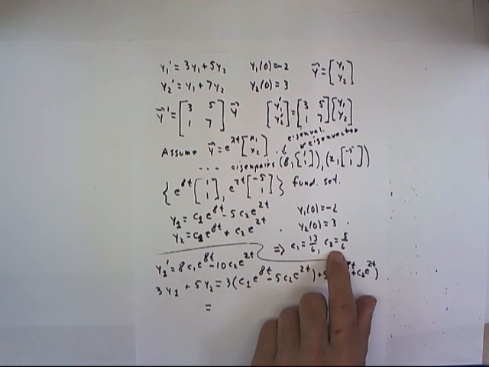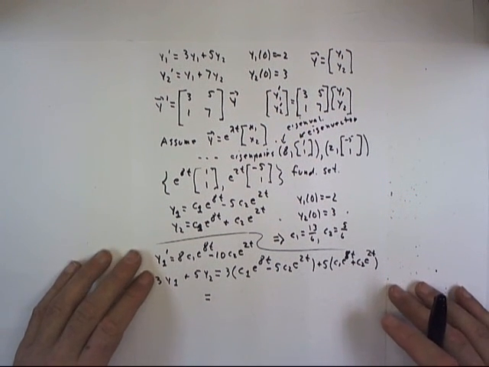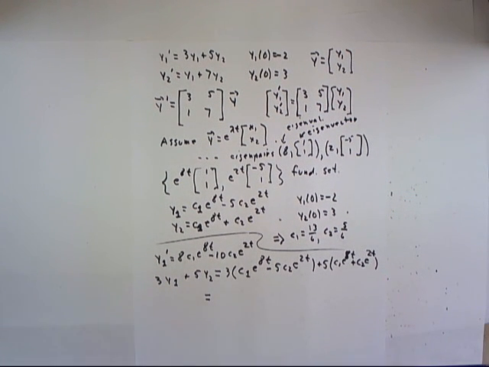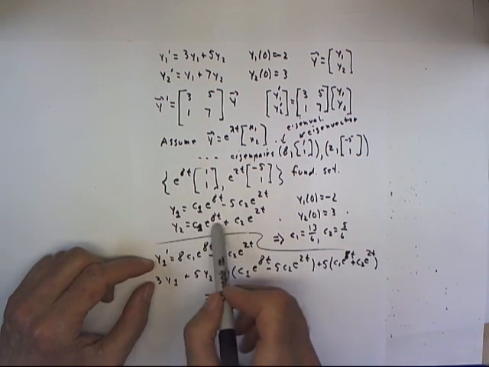C1 is 13/6, C2 is 5/6. Let's just bring this full circle and write the general solution. Okay, the general solution is then... I'm sorry, I said write the general solution. We've already done that.